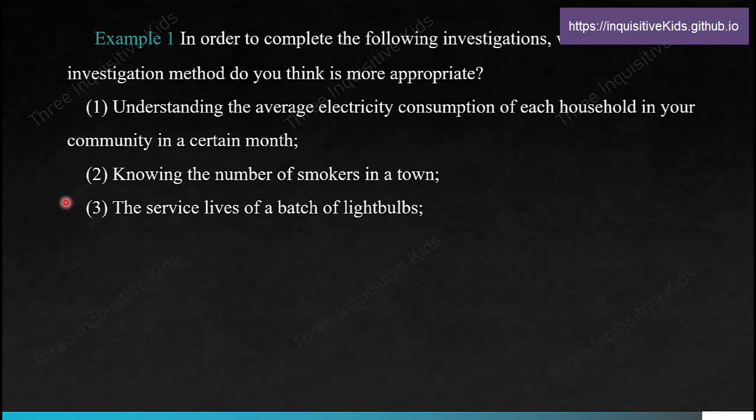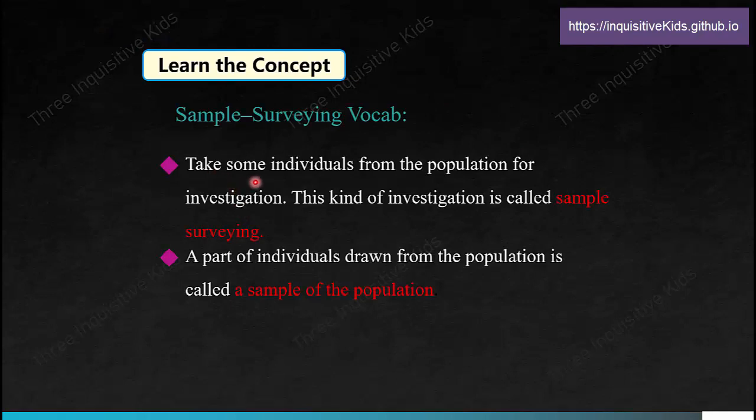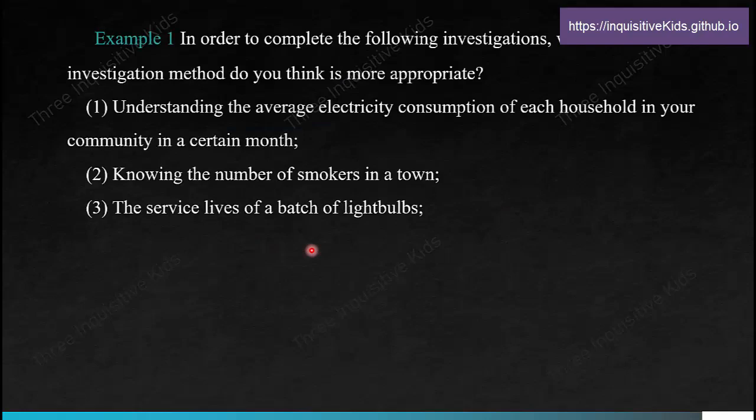So here's example 1. In order to complete the following investigations, what kind of investigation method do you think is more appropriate? A census or a sample surveying method? Remember, a sample surveying method is when you take a few individuals from the whole population for investigation. You would probably want to write a quick note of the two definitions on your notepad.